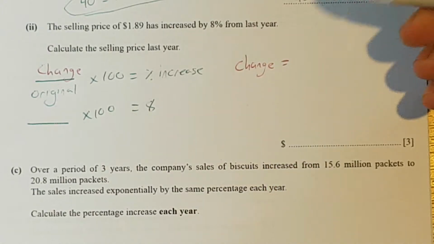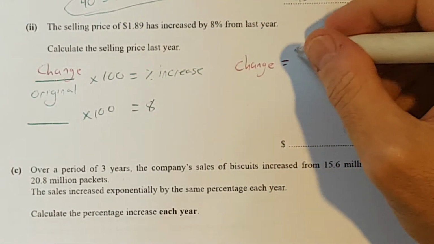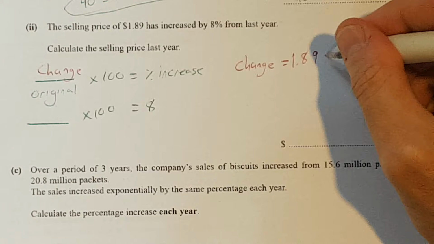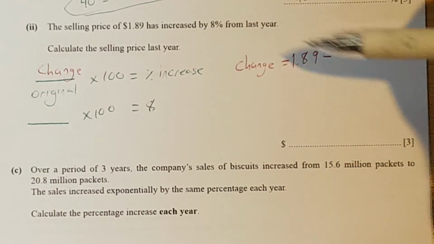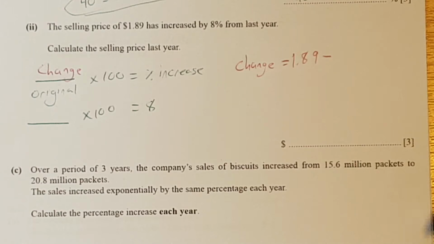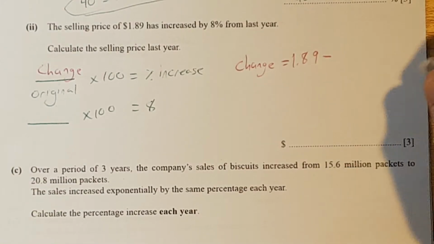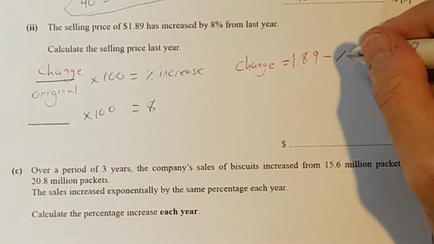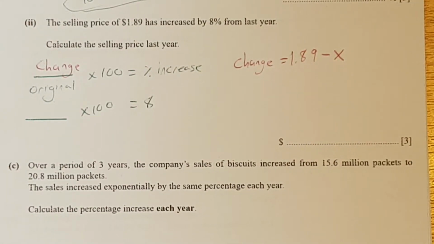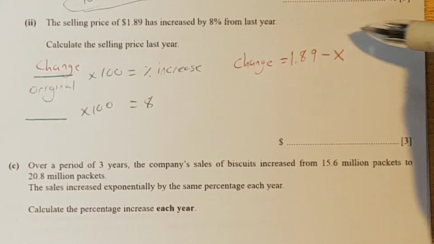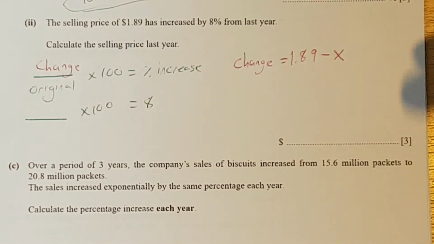So change is equal to the new value, $1.89, minus the old value. Well, we don't know what the old value is, so that's where our variable is going to be placed. I could use O, but O for old is kind of like a 0, so I'm not going to do that. I'll just go with the old trusty X. So that's going to be the expression that represents the change.